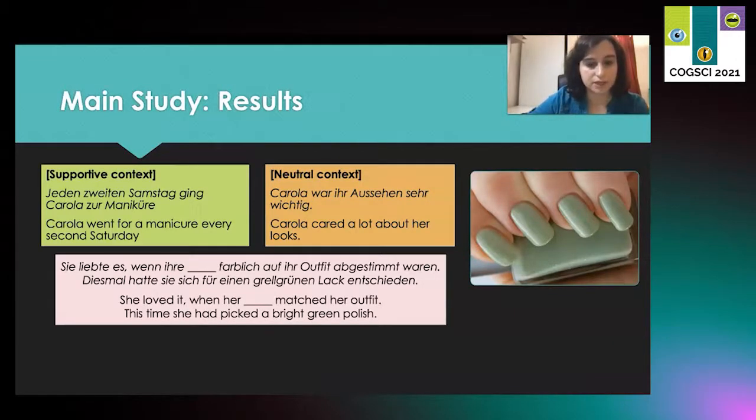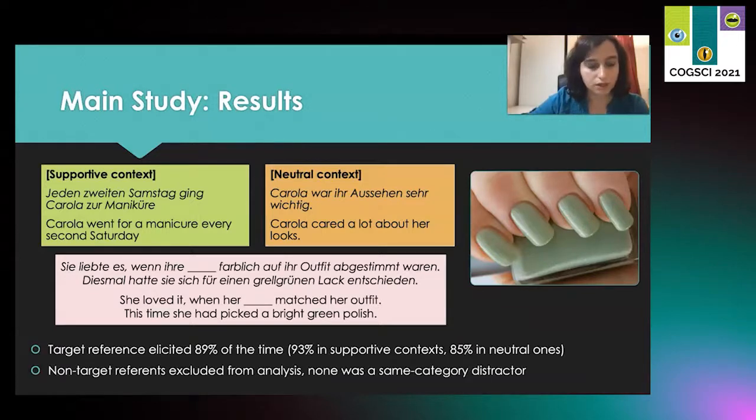So going back to the main study, we first looked at how often the target, no matter if it was in the long or short condition, was elicited. Overall, it was elicited 89% of the time, slightly more often in supportive context, 93% of the time, and a bit less often, 85%, in neutral ones.